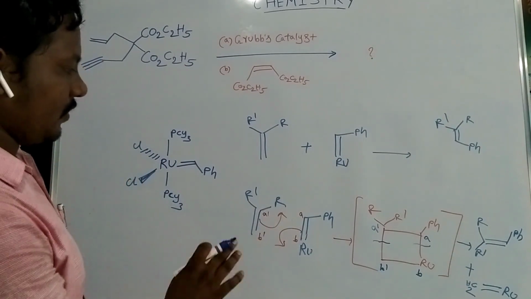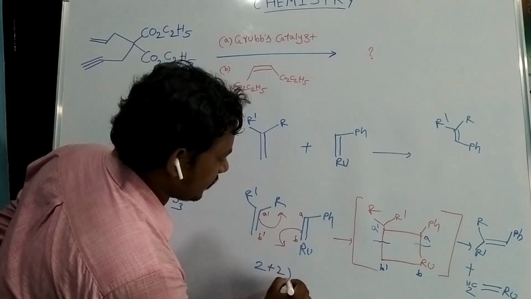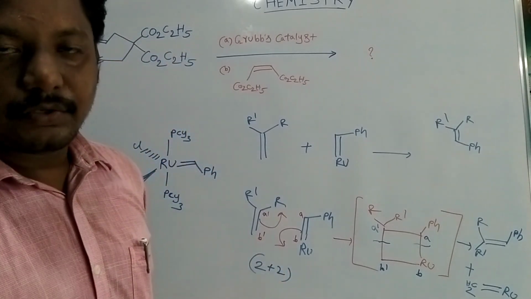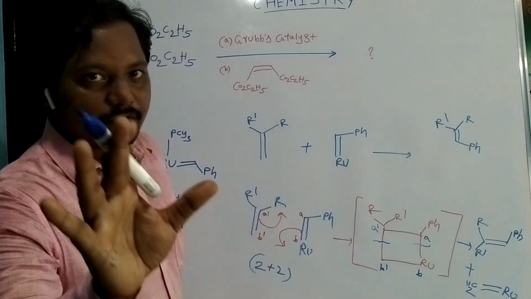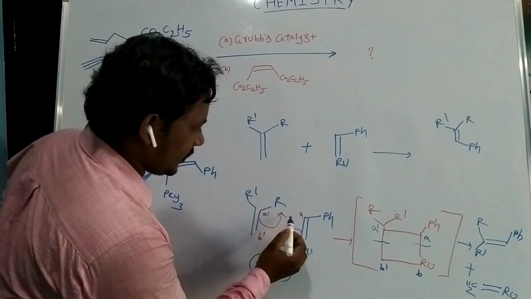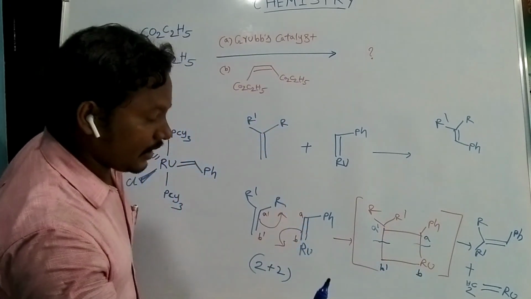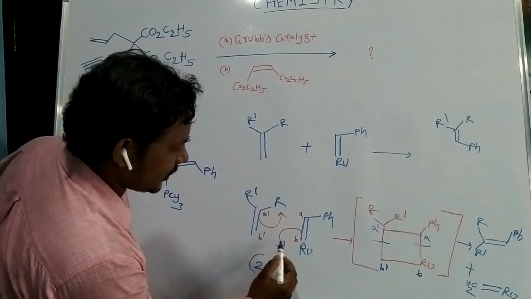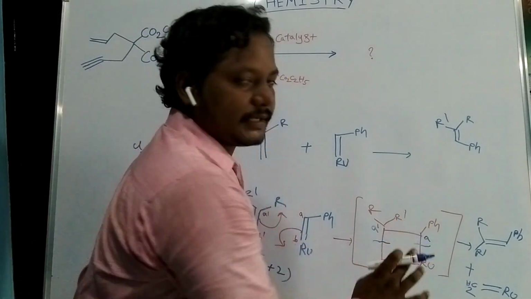Okay. Did you understand the mechanism? See, if you look at the mechanism, this is like a 2 plus 2 cycloaddition. First of all, a new bond is forming in between A and A dash. This bond is migrating. Again another bond is forming in between B dash and B. This is the cyclobutane intermediate.